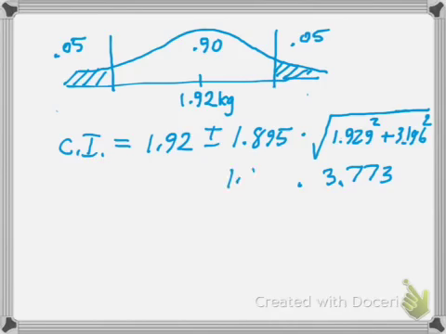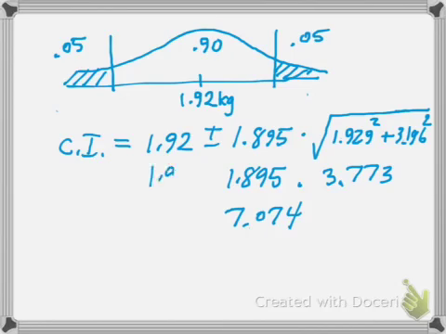And that, of course, is multiplied by our critical value. Critical value is how many standard deviations to the left and to the right? About 2, about 1.9. So this is going to be a little bit smaller than 2 times 3.7. And indeed, our margin of error here is 7.074.